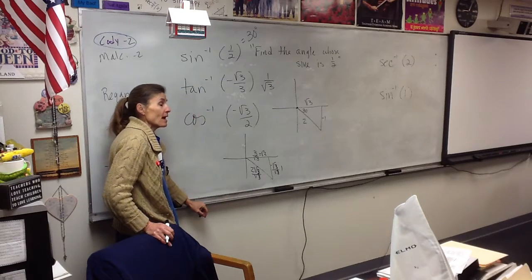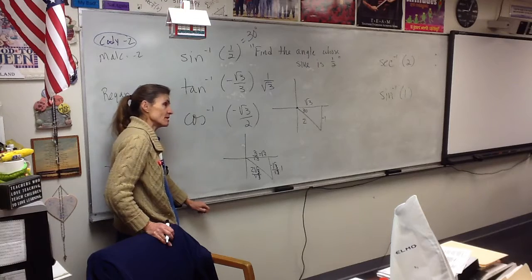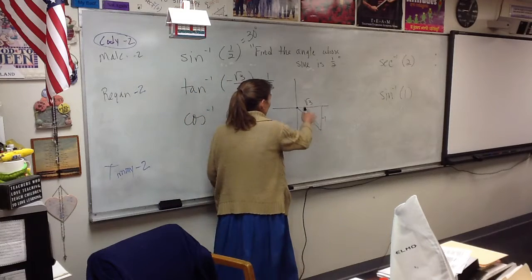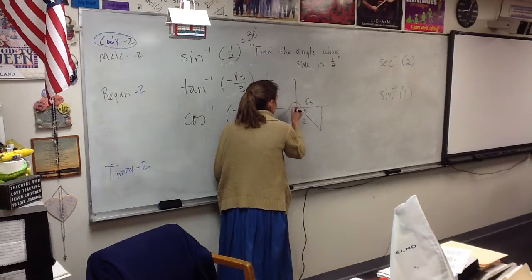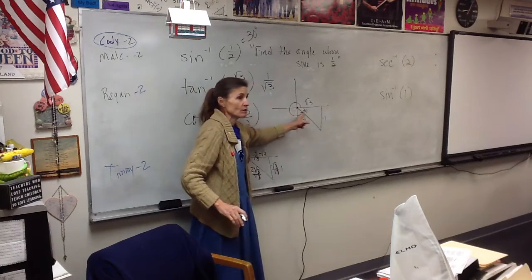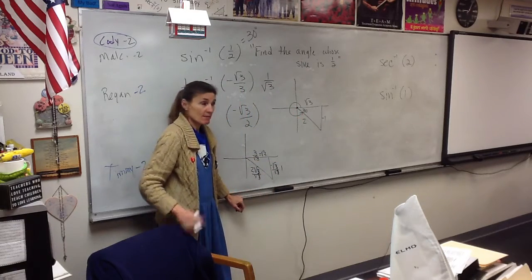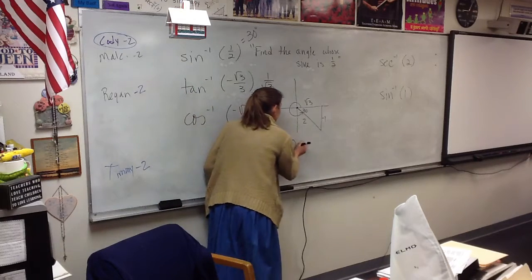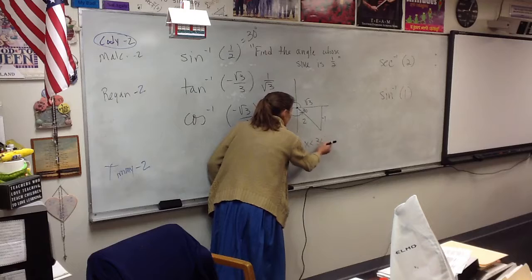All right? Now, here comes the second thing you have to memorize. When we were solving equations the other day and we had this angle, we answered the question with what? What would you say would be the answer here? 330. And that's what you had to do because the directions said, give me answers between 0 and 360.